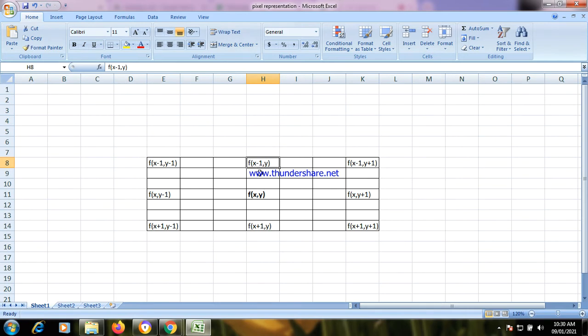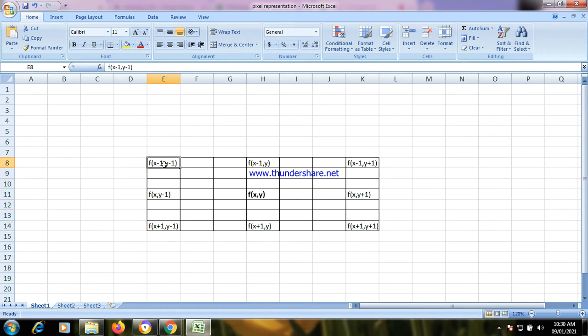So this is x minus 1, x plus 1. Only the x coordinate is changing, as y remains the same. If we check the third column, again the y coordinate will remain the same and only the x coordinate will change its value. So here it is x, this is x minus 1, this is x plus 1.